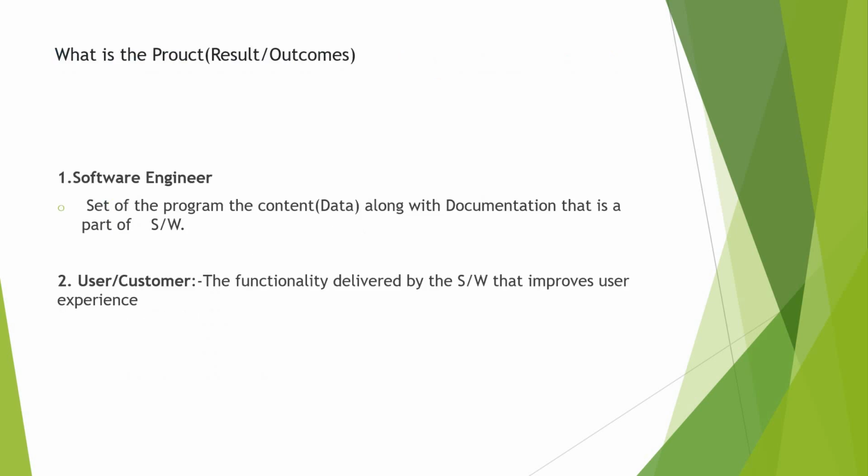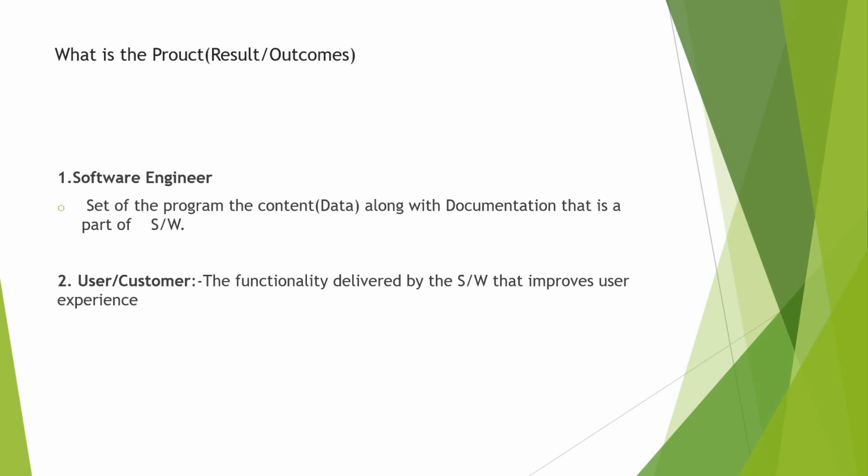What is the product, or you can say the result and outcomes? It defines the first one as software engineer, and second as user and customers. On behalf of the software engineer, set up the programs, the content, data along with documentations, that is a part of the software.